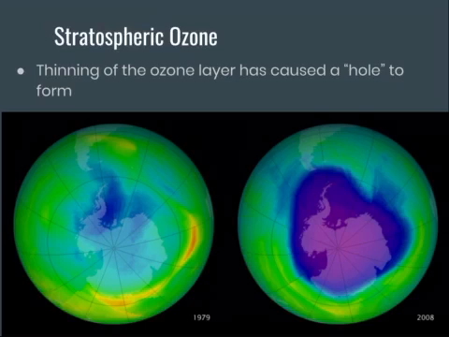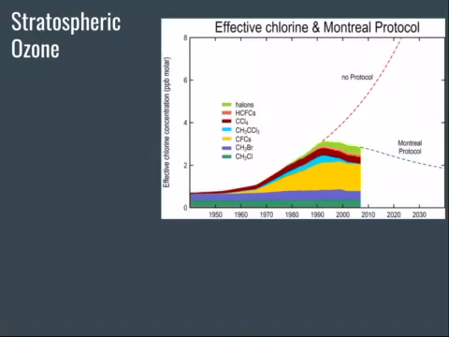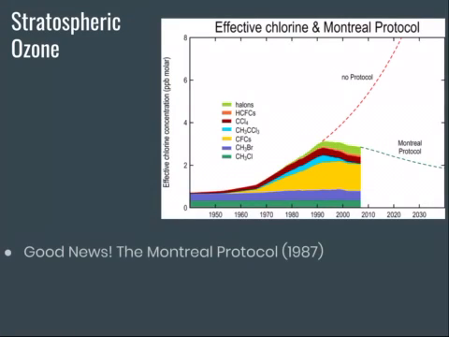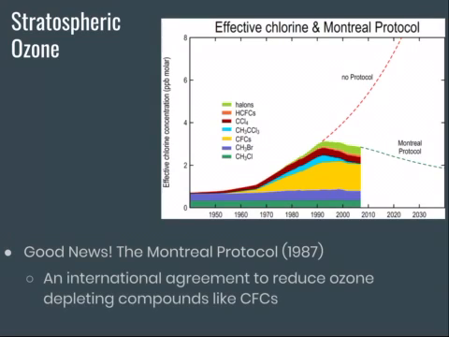Good news is we've actually decreased the size of this hole. Back in 1987, the Montreal Protocol was passed, an international agreement that we would stop putting CFCs and later other ozone-depleting compounds into the atmosphere.